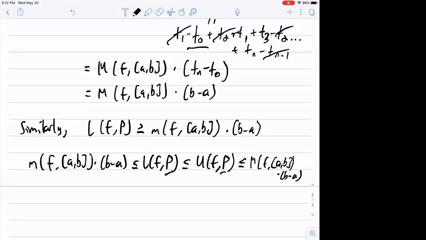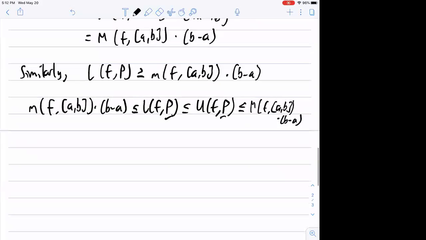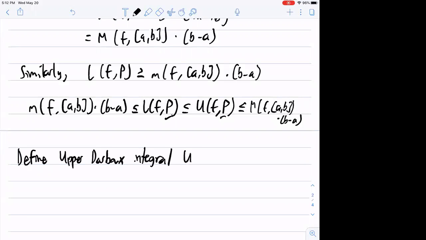So okay, now we define the upper Darboux integral to be U(f). Note here, if I write U(f) with no P, that's the upper Darboux integral of f over [a,b]. So what is it?